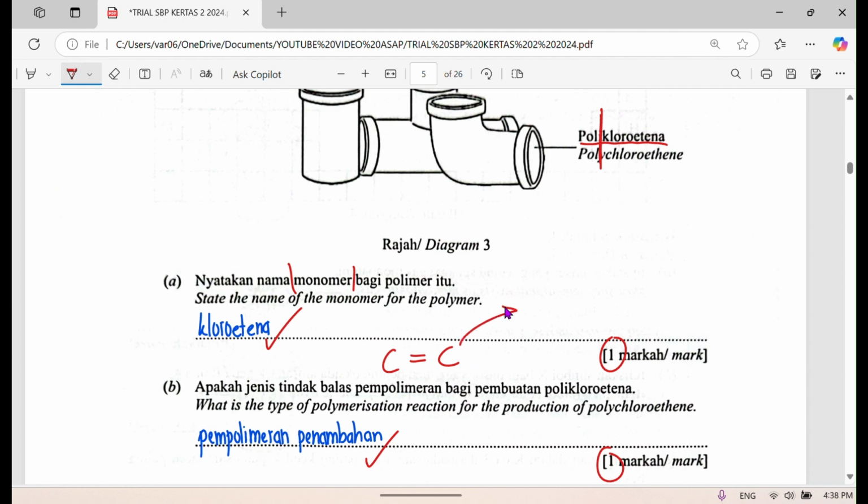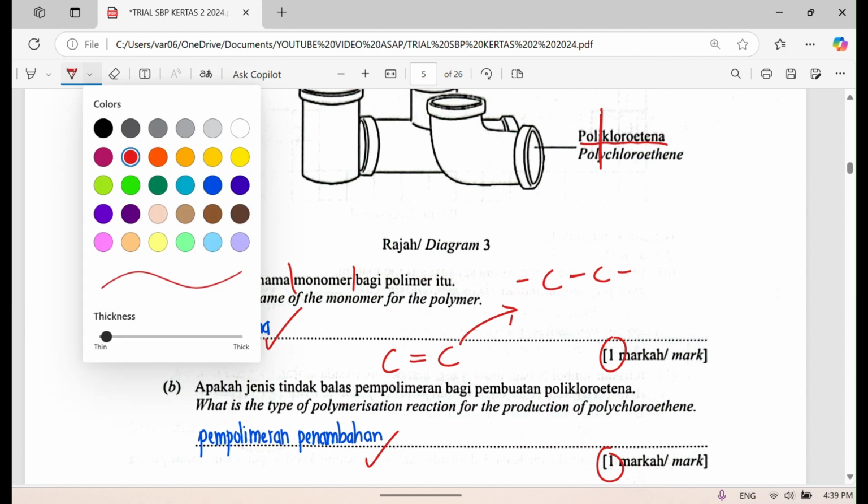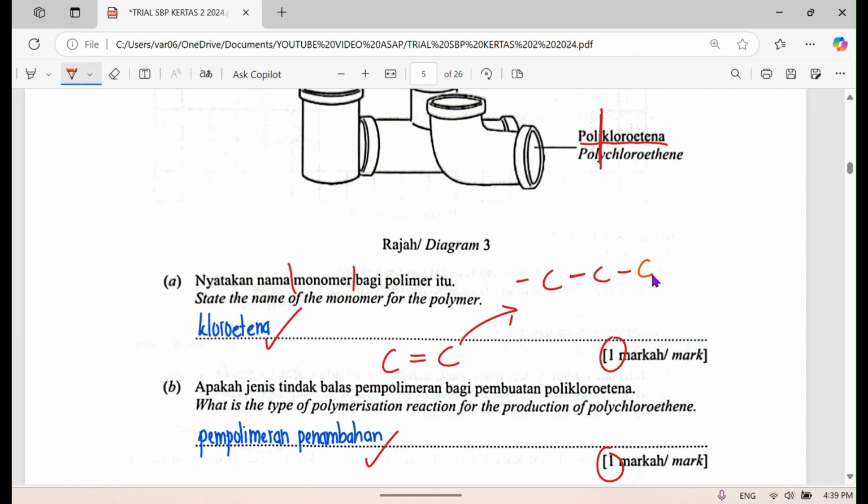It will open up to somewhat like this, and then another monomer will come and add, so it will become a continuous chain. That's how you create polymer through the process pempolimeran penambahan. Okay.